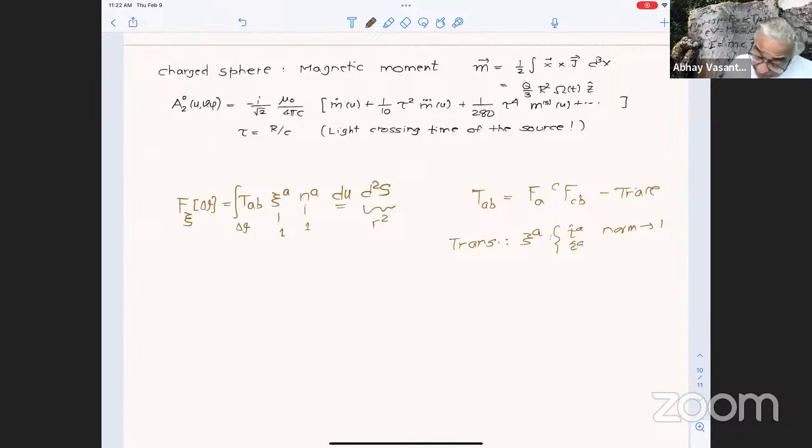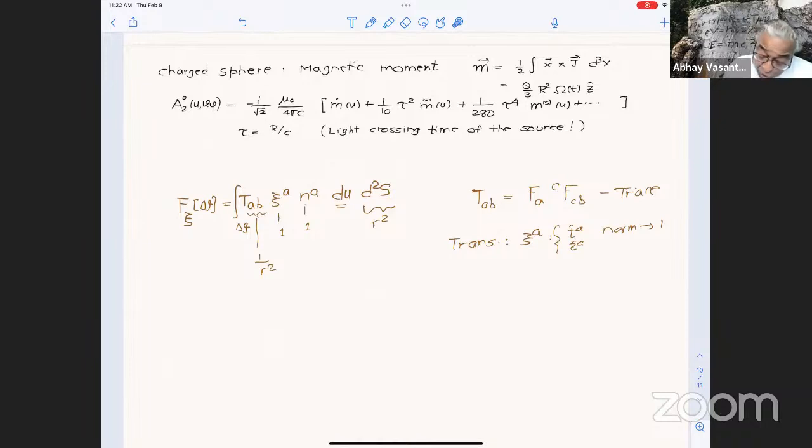And what about T_AB? It better be that for energy, only the part of the component of T_AB which falls like 1 upon r squared will contribute, because I got r squared here and 1 upon r squared here, and therefore I'll get a non-trivial answer, if in fact that's what happens.